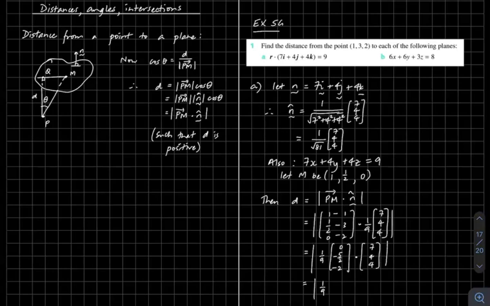Dot product there is going to be 0 times 7 is 0. Negative 5 on 2 times 4, what's that going to be? Negative 10. And negative 2 times 4 is going to be minus 8. So let's just finish it off up here. That's going to be the magnitude of 1/9 times negative 18. So what's that? Negative 2. So the distance there is 2 units.